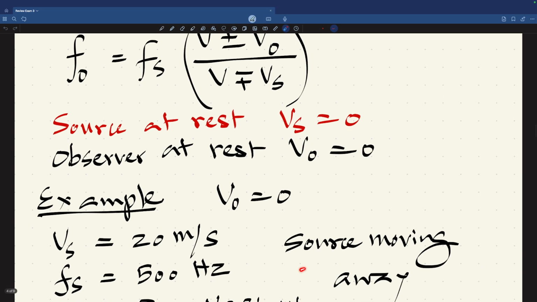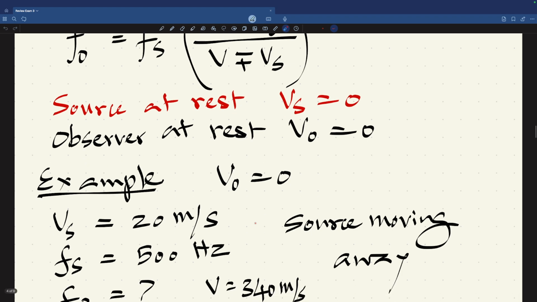If the source is moving away from the observer, then the frequency is going to decrease. If the frequency must decrease, then you have to put a plus in the denominator. So when the source is moving away, use a plus in the denominator. On the other hand, if the source is moving towards, use the minus in the denominator.